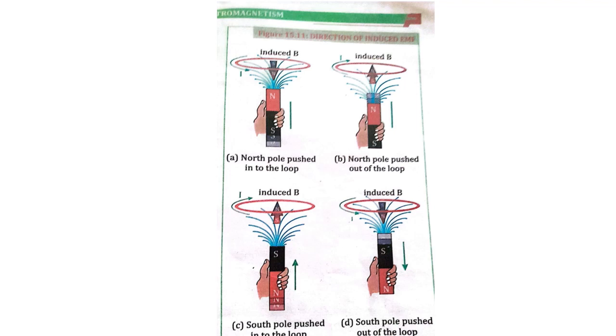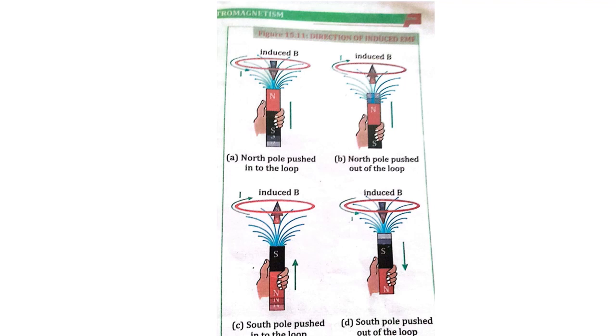If you see the figure, consider pushing the bar magnet's north pole into the loop. It causes the magnetic field of the bar magnet in the upward direction to increase. If you see figure A, labeled north pole pushed into the loop, to oppose the change, the loop itself needs to generate an induced magnetic field acting at the center of the loop, pointing downward, as a magnet which has a north pole at the bottom, which repels the north pole of the bar magnet.